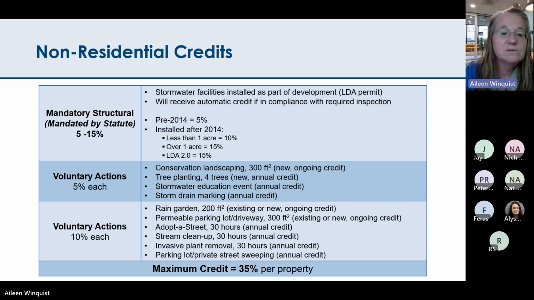So we received feedback on the importance of providing good options for them to be able to potentially reduce their fee. You can see some of the voluntary actions under here, some volunteer activities. Same as before, we have voluntary actions for 5%. We have the new conservation landscaping and tree planting.